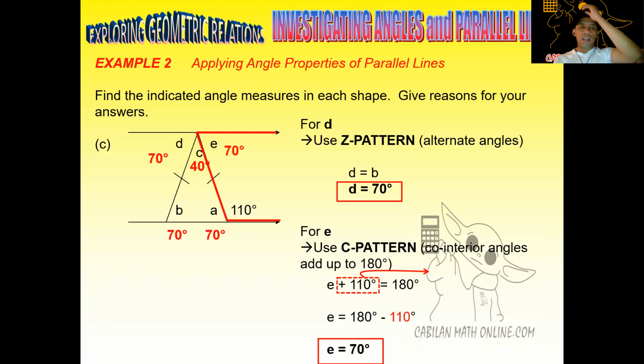Another way you could have done it is that if you take a look at the very top part of this diagram, you should notice that D, angle C, and angle E all form a straight line. So an alternate way you could have done this is to understand that angle D, angle C, and angle E would add up to 180.